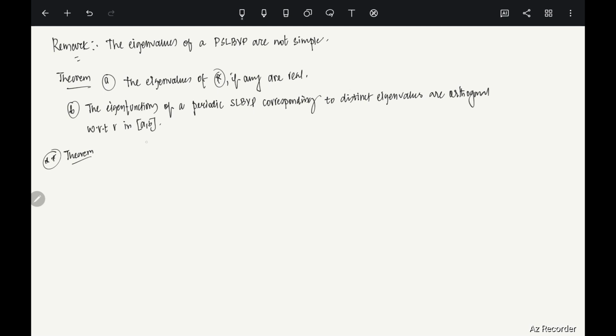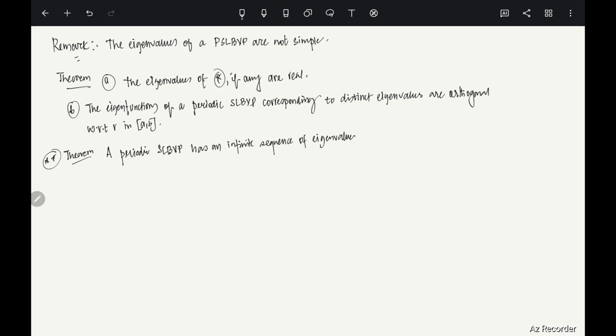The periodic Sturm Liouville boundary value problem has an infinite sequence of eigenvalues.